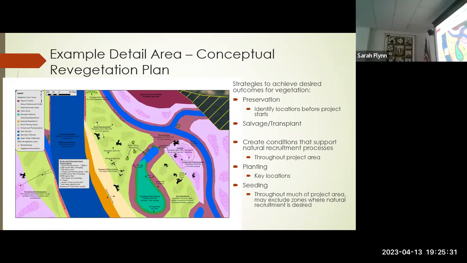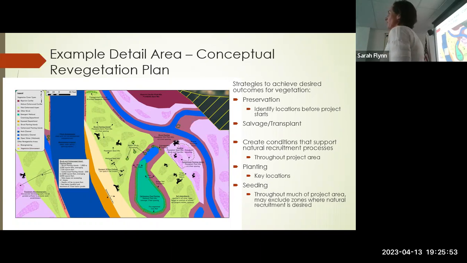And then as we get closer to developing an actual revegetation plan, this shows examples of how we would use different techniques and strategies. Again, I apologize for the very small text. But this green polygon here is one of those emergent wetlands.